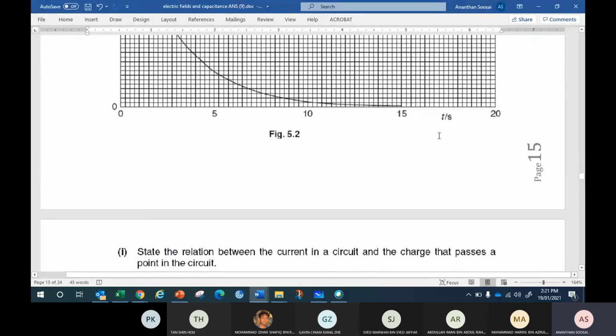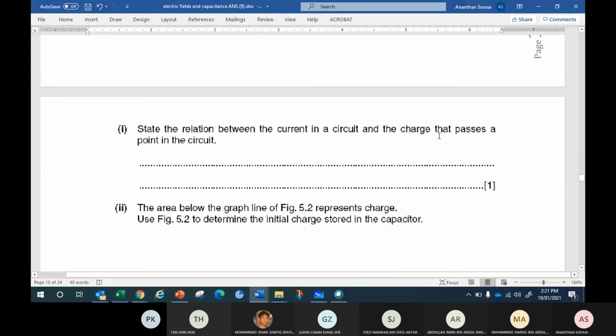Now the question: state the relation between current in the circuit and the charge that passes a point in the circuit. What is the relation between current and charge? This is your AS knowledge, right?